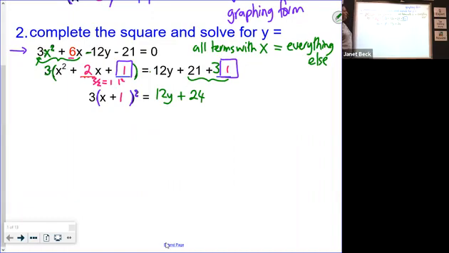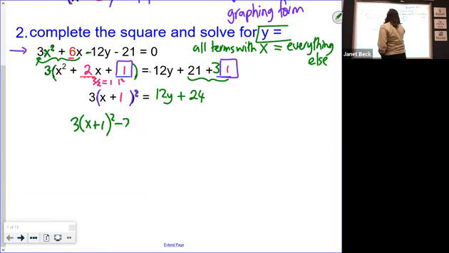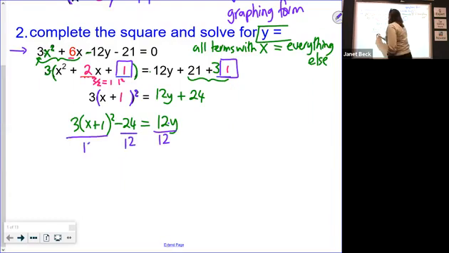To graph it, we want it in the form of y equals something. So let's subtract 24. And we just want 1y, so to cancel out multiplying by 12, I'm going to divide by 12, divide by 12, divide by 12.